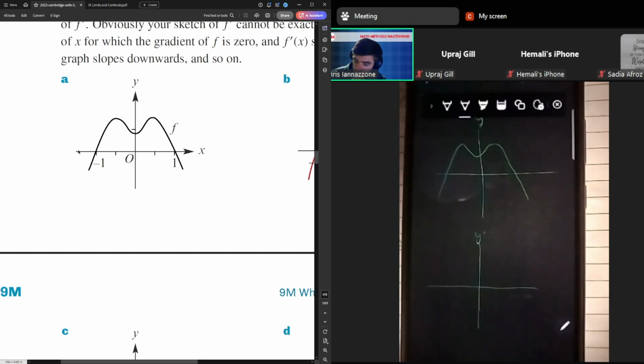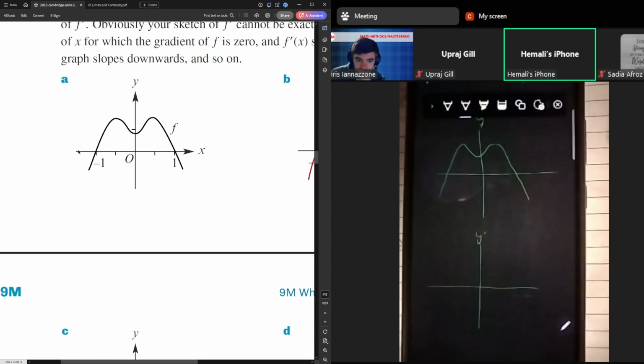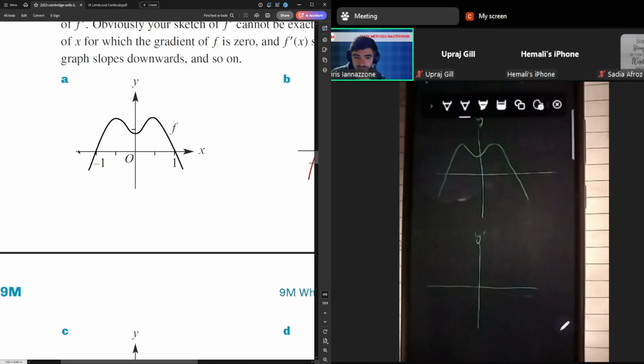So when I say derivative graph, I mean if you were to do the derivative of this, how you might draw that, even if you don't know the rule. Don't the turning points and the points of inflection become the x-intercepts of the derivative graph? That's it. That's exactly right. Do you know why that's the case though?